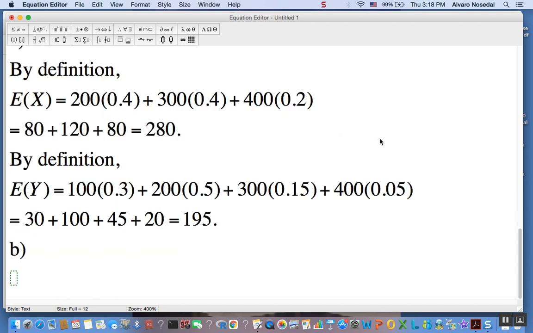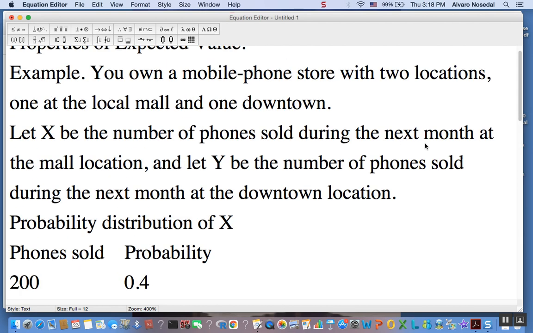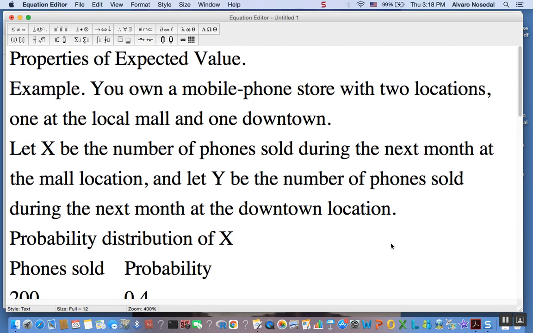Now, something that I forgot to tell you is that it turns out that the profit is different at each location.